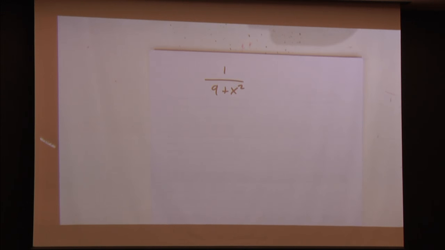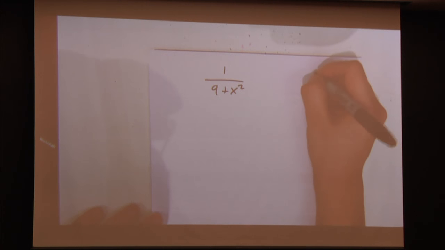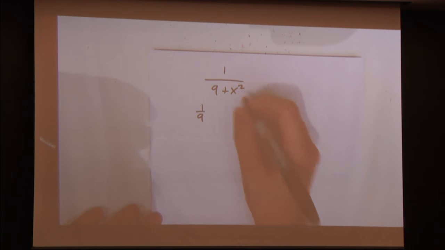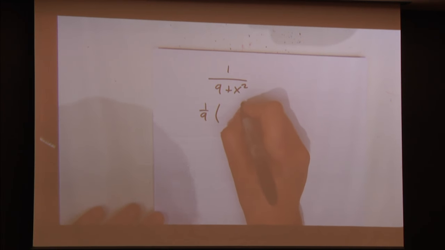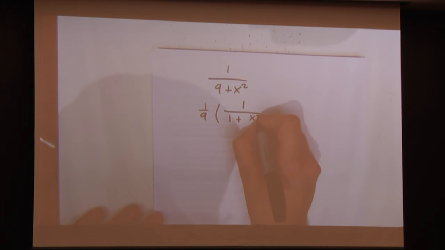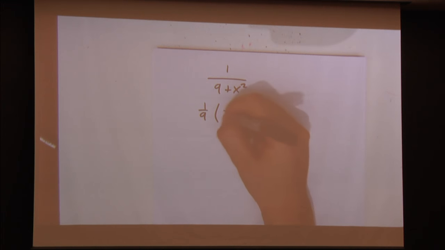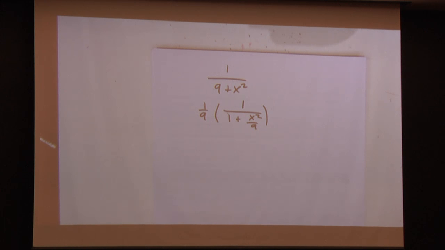We want to take this guy and have him match the form, right? So it should be 1 over 9, 1 over 1 plus x squared over 9, which takes care of the coefficient because this guy needs to be 1. Now this guy needs to be a minus.